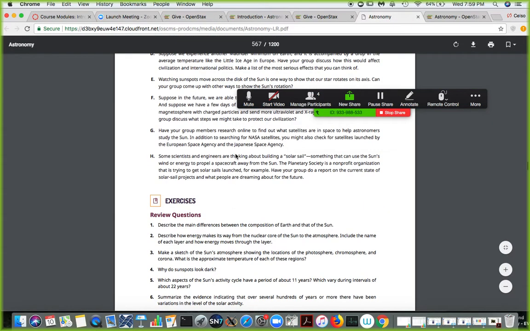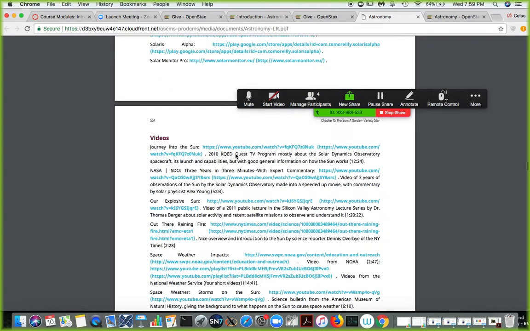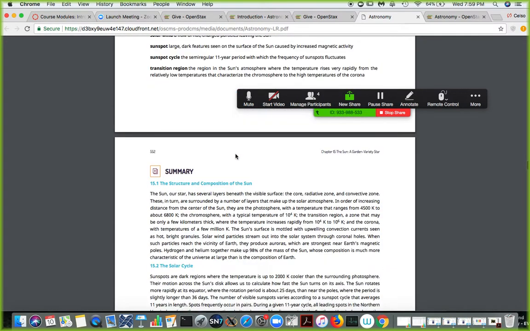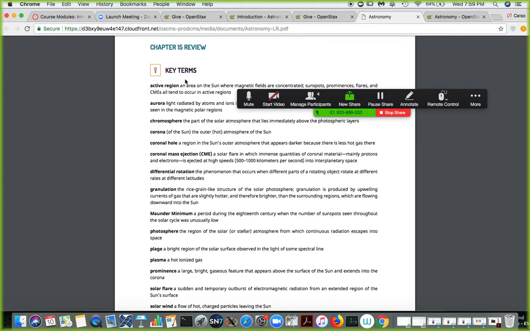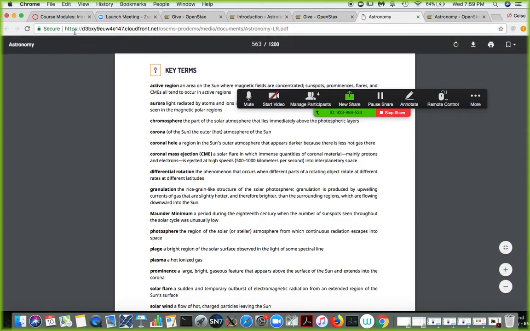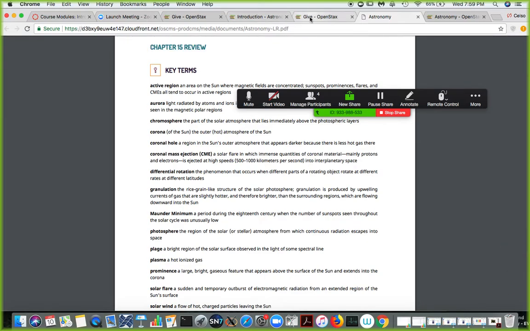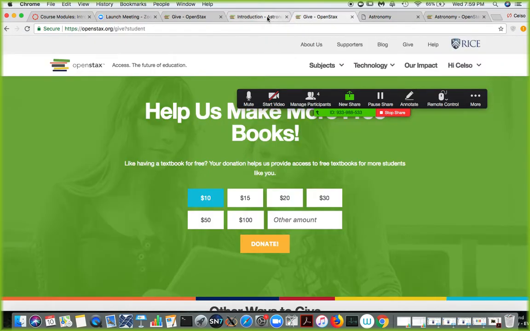For instance, we take the chapter on the sun, and it's chapter 15. Then you go to the entire PDF. So go to OpenStax, right here.